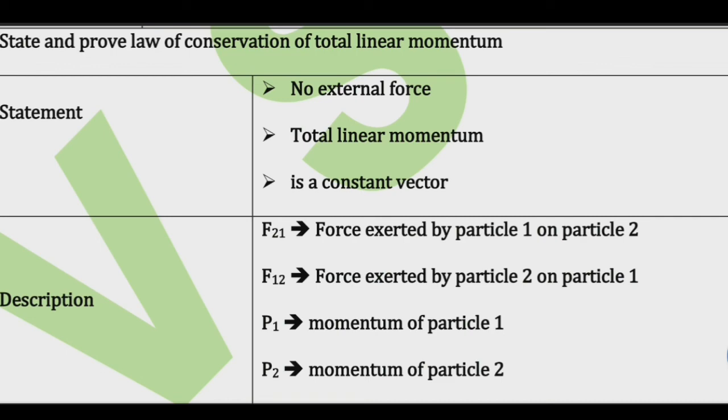According to Newton's third law, we get the formula F21 vector is equal to minus F12 vector. This is Newton's third law.